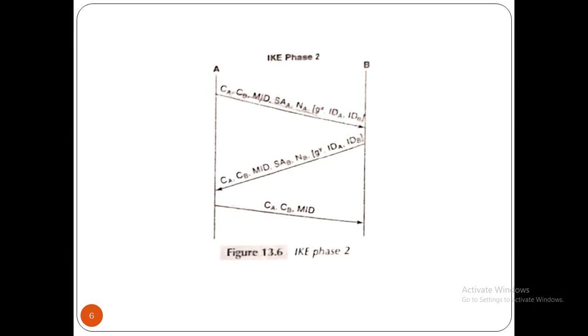Two parties participate in an IKE phase 2 exchange in order to establish a new IP security association. Either party can initiate this phase, in which the cipher suite and the keys that comprise the new IP security association are agreed upon. So the following figure shows IKE phase 2.